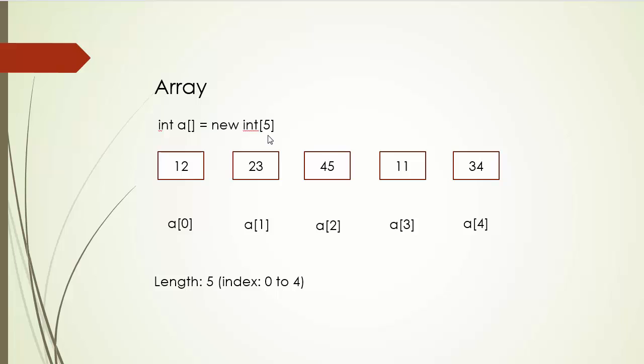Whenever we define an array, we give the size. As we discussed in the previous data structure chapter, this is one of the cons of the array, that it is necessary to define the size at the start. But let's say if a sixth element comes, then we could not insert it because we are bound to insert only five values. So for the sixth value, we need to define an array again.